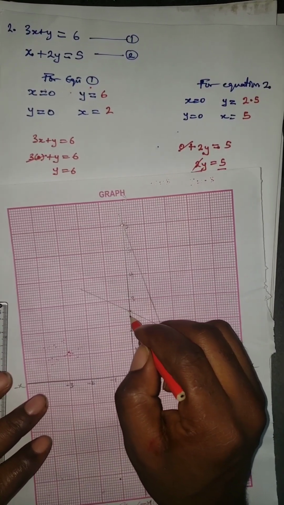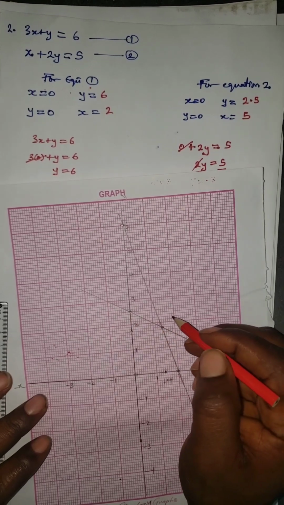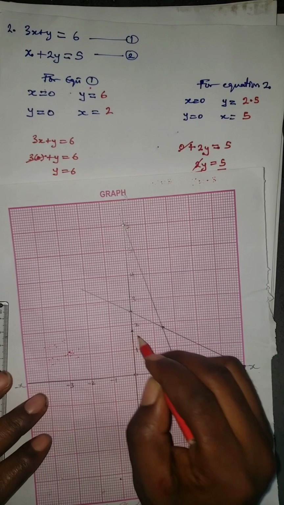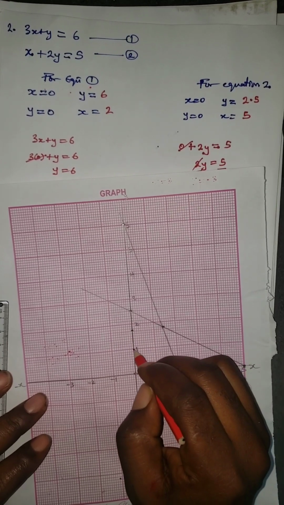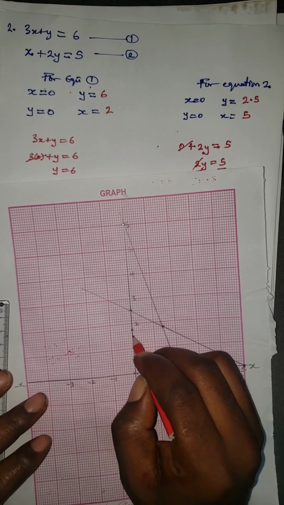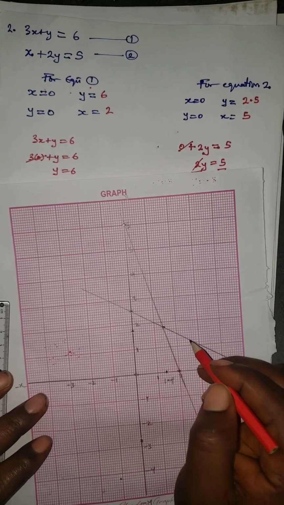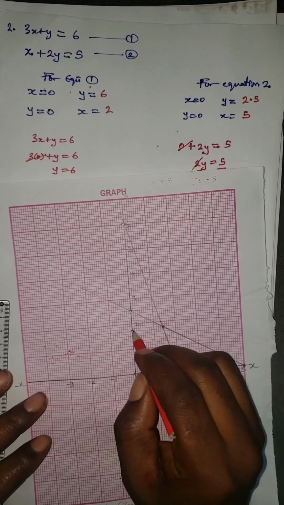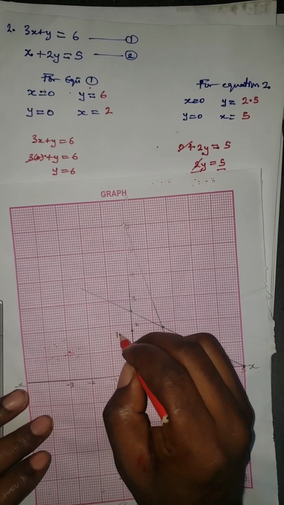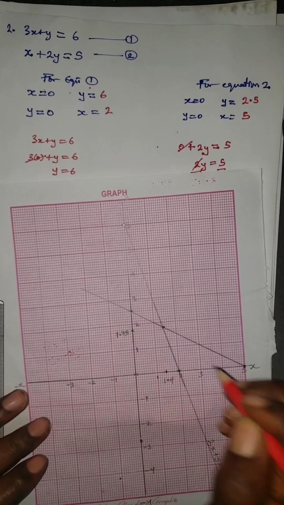Then here is 2.1, 2.2, 2.3, 2.5. Oh, that's not where we are looking for. So that will give me 1.1, 1.2, 1.3, 1.4, 1.5, 1.6, 1.7. Okay, so it's between 1.7 and 1.8. So we can take it as 1.75.